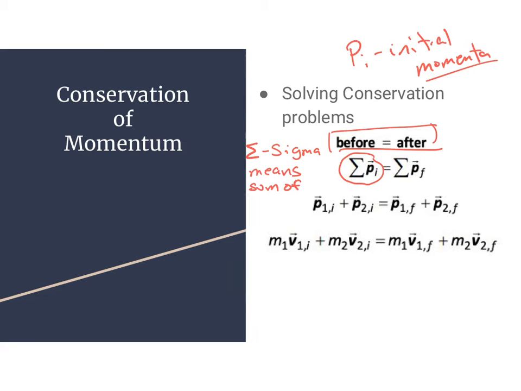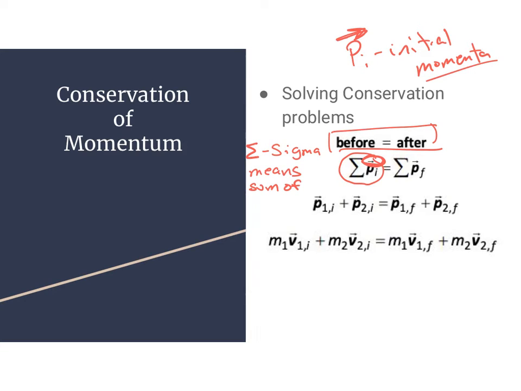And we have to add all the individual momentums of all of those individual objects all together, but not just adding a bunch of numbers. We have to keep in mind that the momentums are vectors, and so we have to add them as vectors.